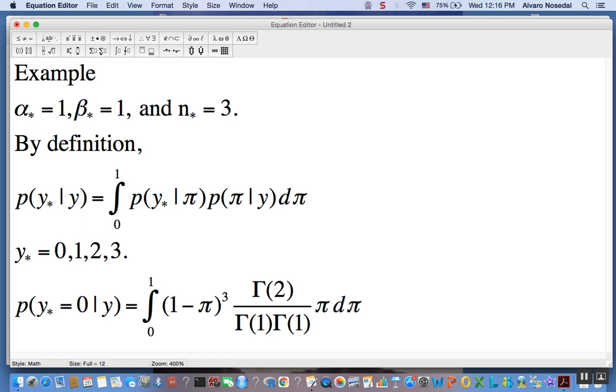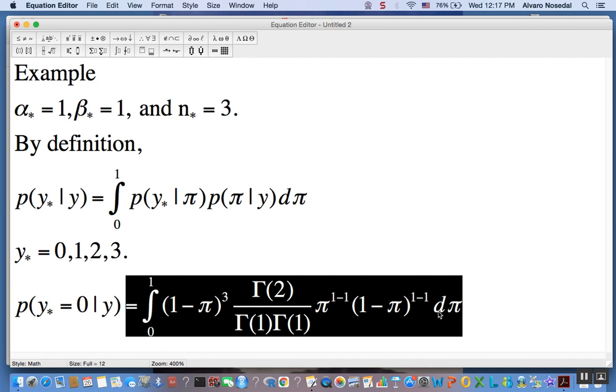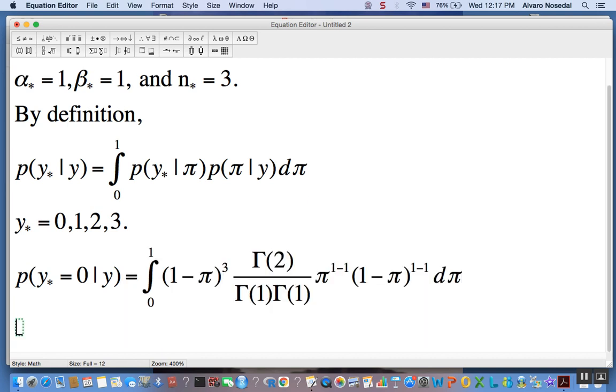So 1 minus 1, and then we have 1 minus pi to the power 1 minus 1. Make sense? Yeah? Okay. But that's just pi to the power 0, 1 minus pi to the power 0. So we end up only with this. Right? Make sense? So let me copy paste this and let's simplify the expression that we have there.